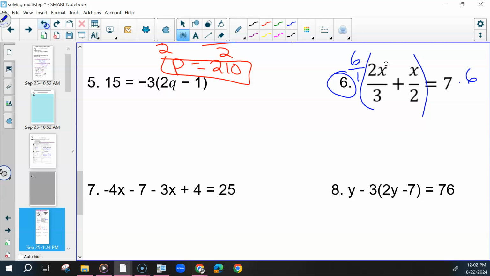So 6 times 2x would be what? 12x. I'll just worry about the numerators first. 6 times x. 6x. 1 times anything is just whatever you're multiplying. So that would just be over 3.